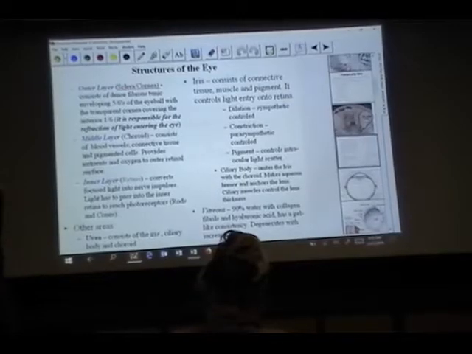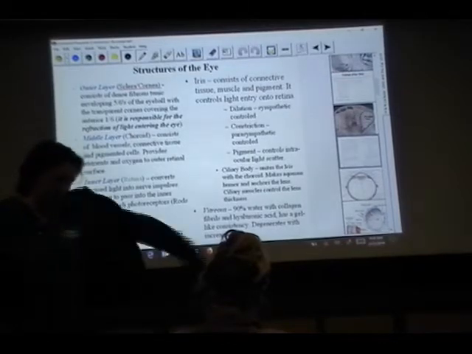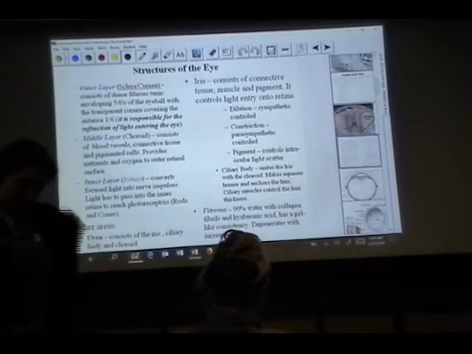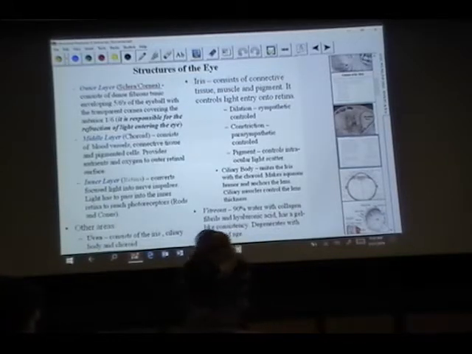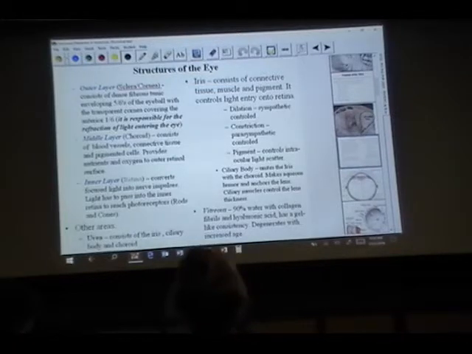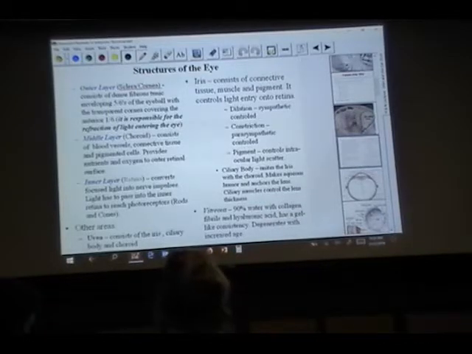On the sclerocorneal surface, we have this middle layer, which essentially is a highly vascular layer, both from the standpoint of supplying the sclera, but also supplying the retinal surfaces as well. And then we have this innermost sensory layer, referred to as the retina, okay?